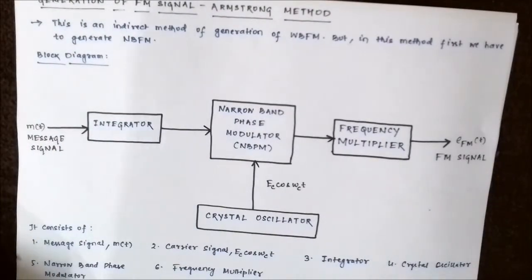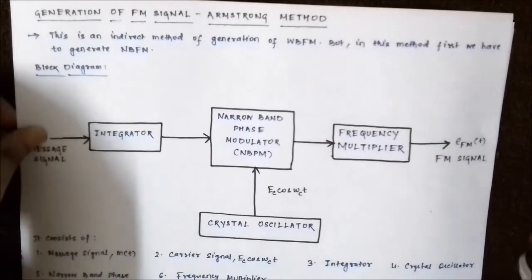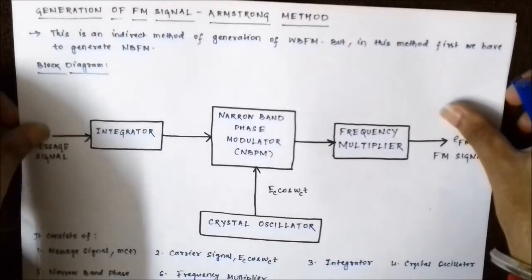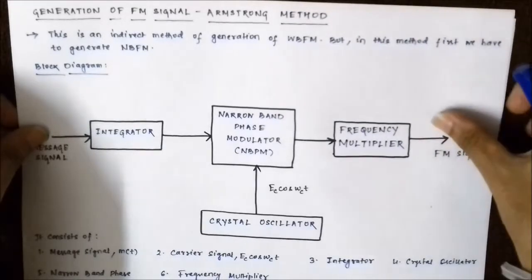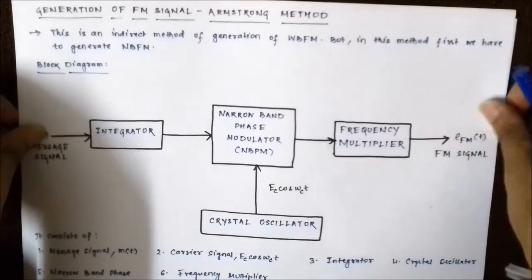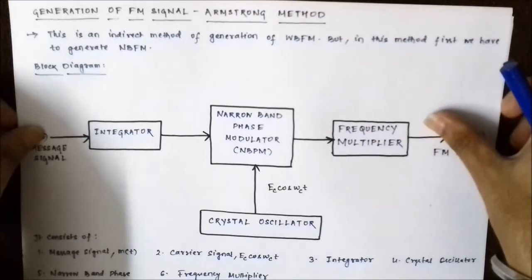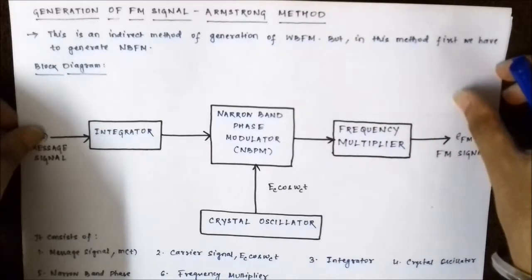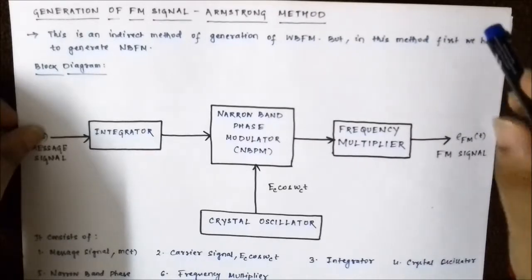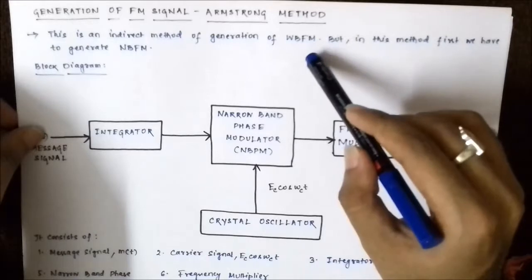Now, this is the block diagram of the Armstrong method of generation of a frequency modulated signal. Okay, so this is the indirect method of generation of a frequency modulated signal, and the type of frequency modulated signal which we get is the wideband FM.